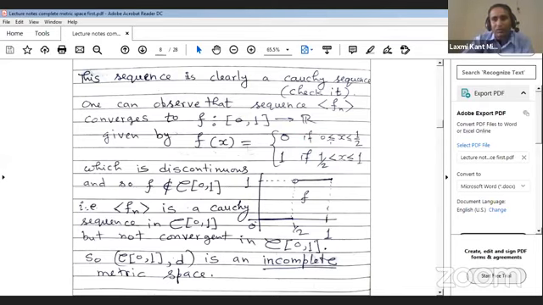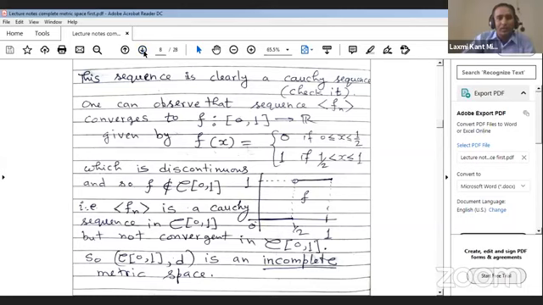Clearly this is a step function, which means it is discontinuous at half. So we got a sequence of functions which is Cauchy sequence but not convergent in C[0,1]. So C[0,1] is an incomplete metric space.